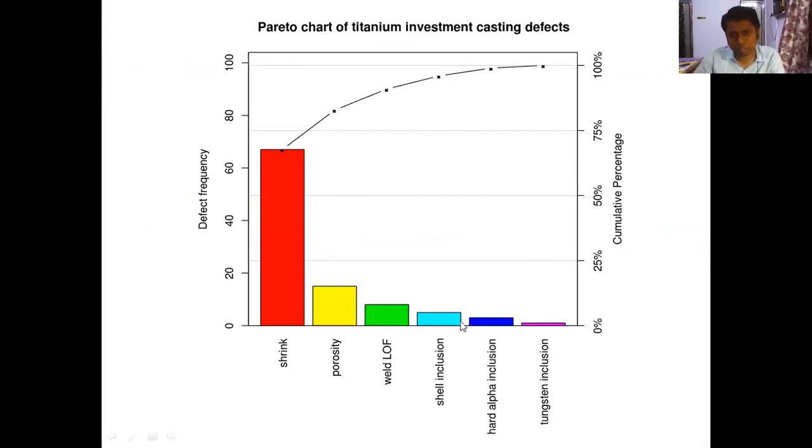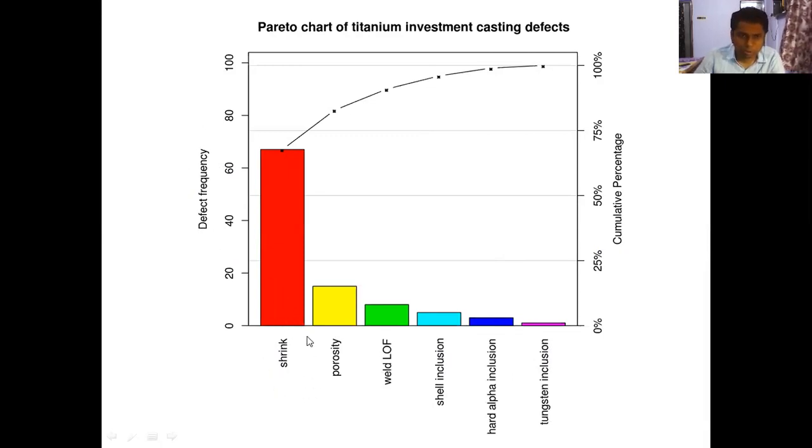Pareto charts are quite widely used. You can see shrink, porosity, weld alloy, shell inclusion, hard alpha inclusion, and tungsten inclusion. There are 6 different types of defects, and along the y-axis you are representing defect frequency.